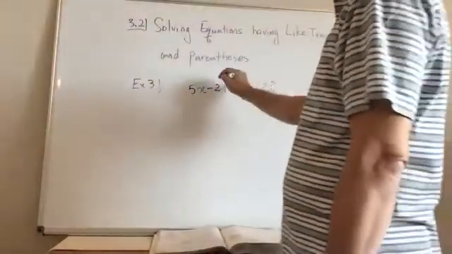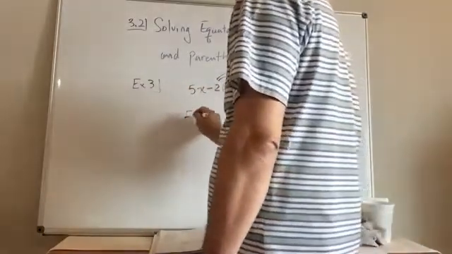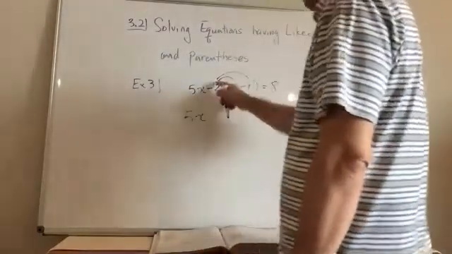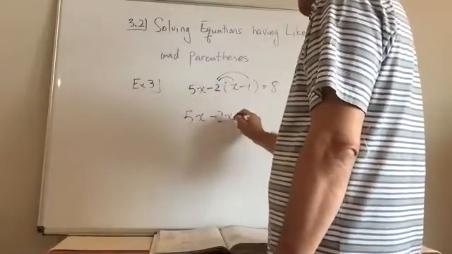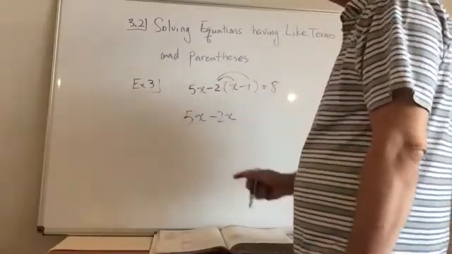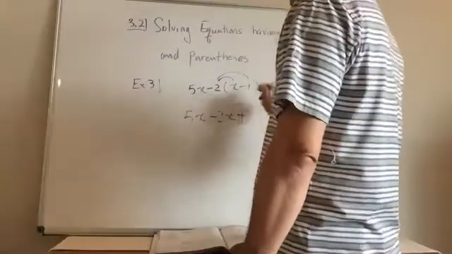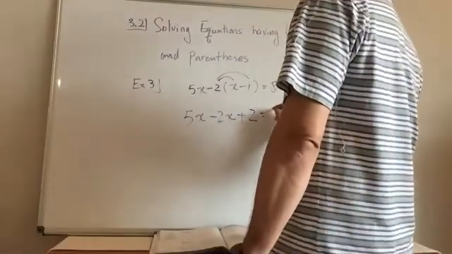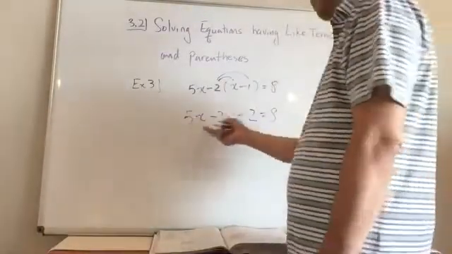Okay, so I have to distribute the negative 2 out. So I have 5x. Then I have negative 2 times x, so it's going to be negative 2x. Negative 2 times negative 1. So negative times a negative, which makes it a positive. 2 times 1 is 2. It's equal to 8. Okay, so I look at the left-hand side here.